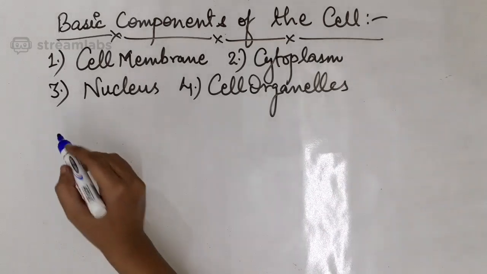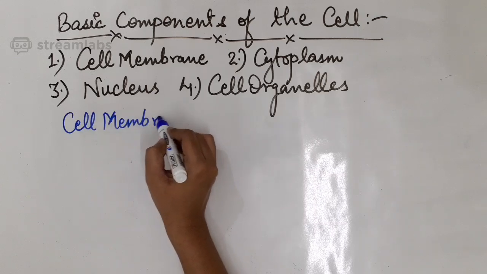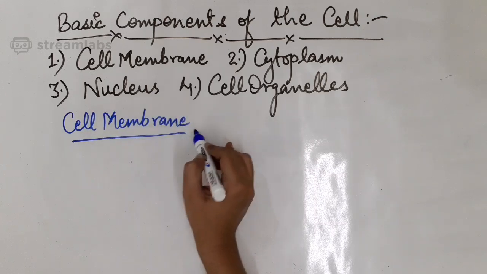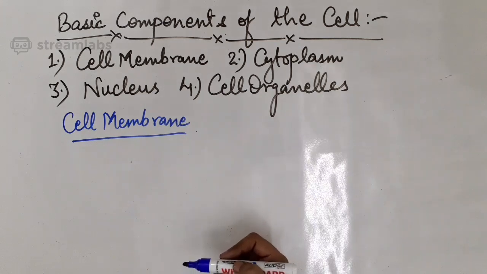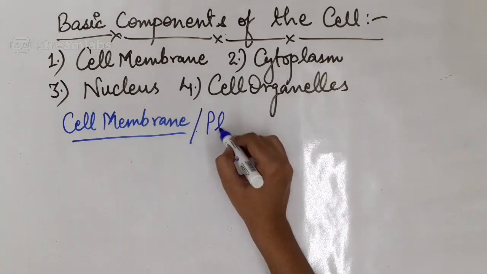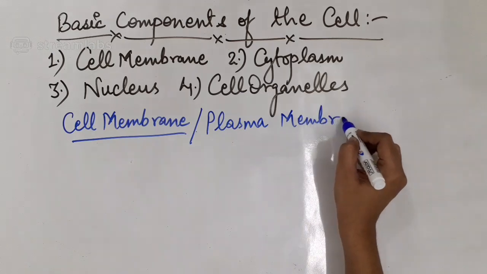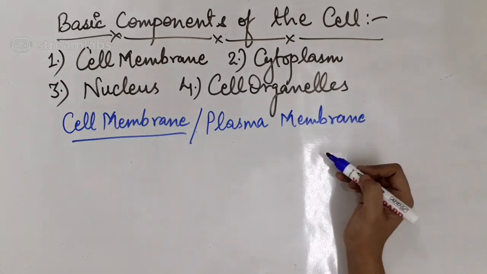Then we studied about the cell membrane. This is a thin, delicate membrane, also called as plasma membrane. Membrane means layer.